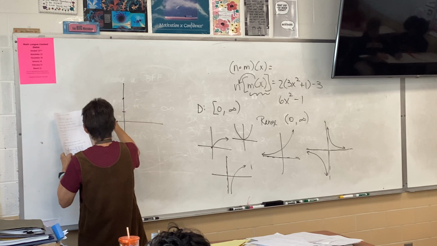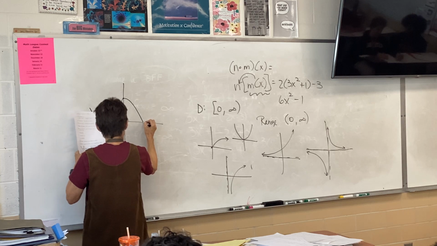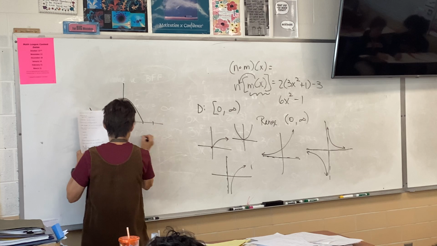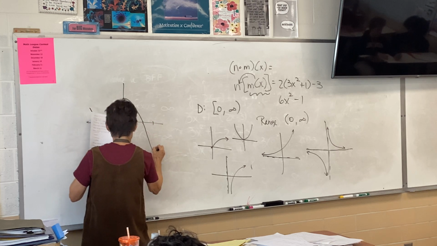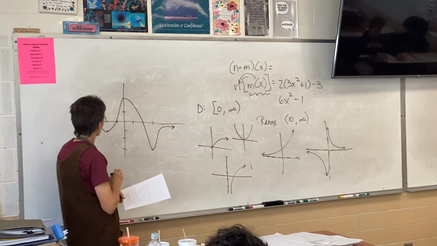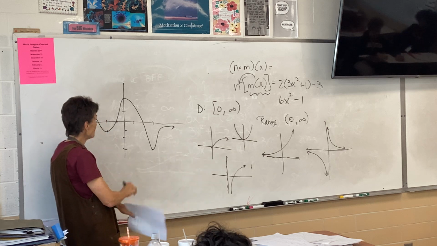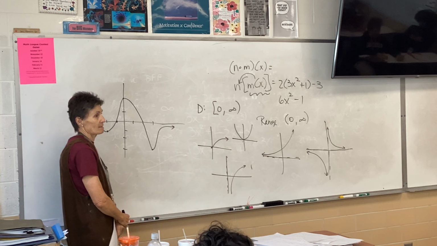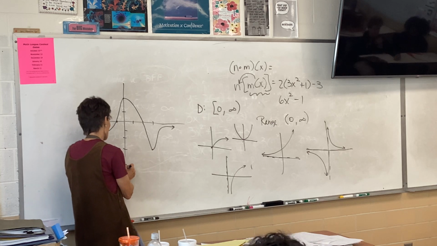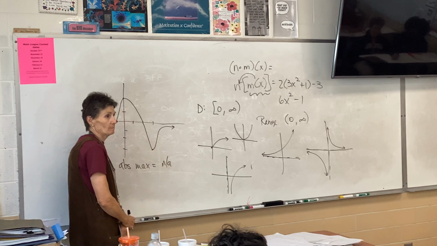So I've got this random shape, and it looks like this. Okay, so here's some random shape that I drew. Name the absolute maximum. It doesn't have one. So absolute max, not applicable.